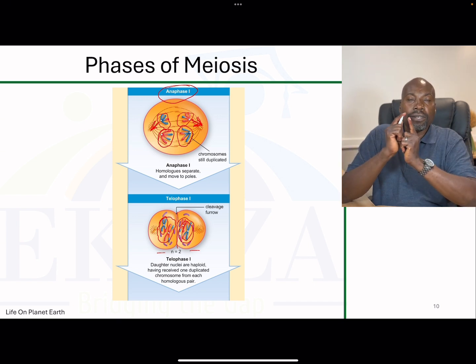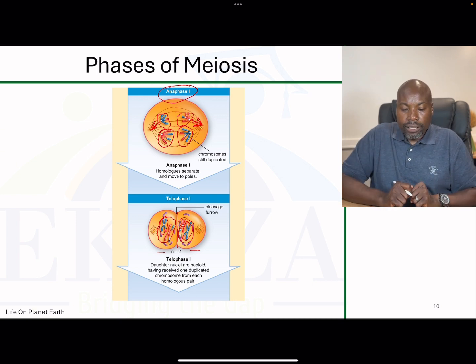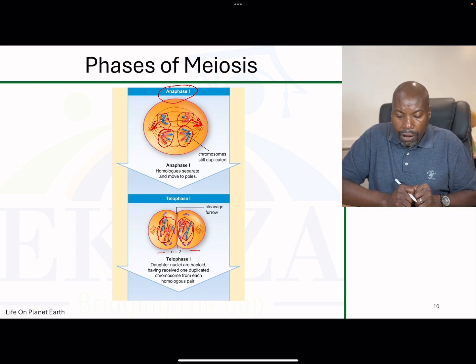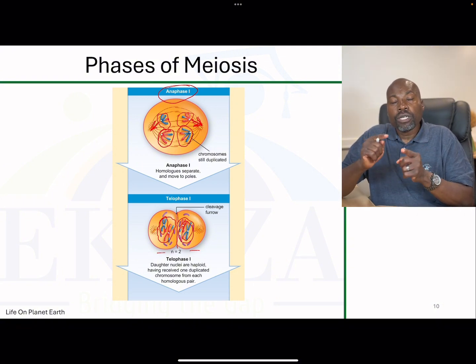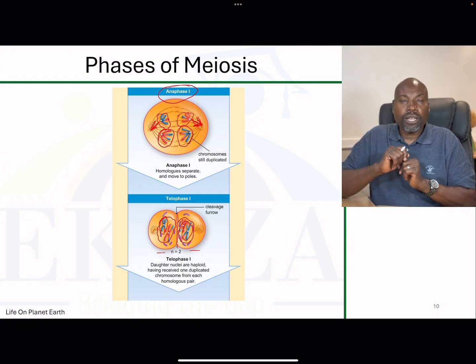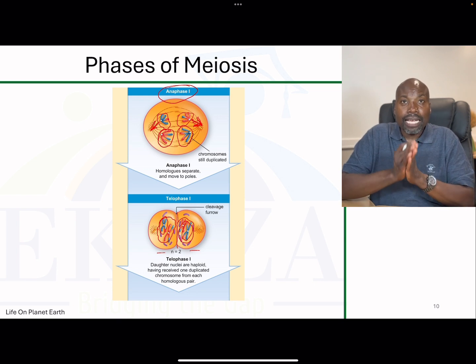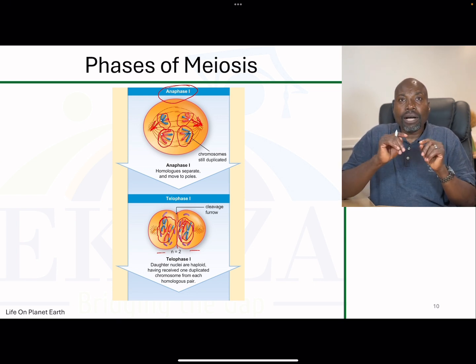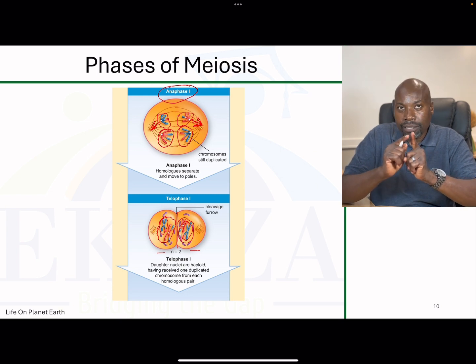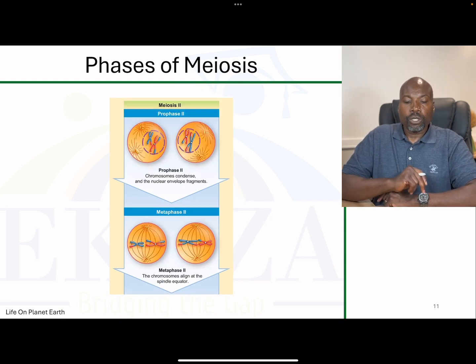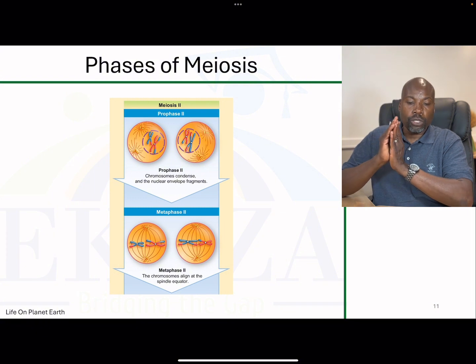We have now haploid cells, and these haploid cells are going to be subject to another cell division. At that point, the second cell division is now going to focus on the fate of the sister chromatids, right? So now we are entering meiosis 2.